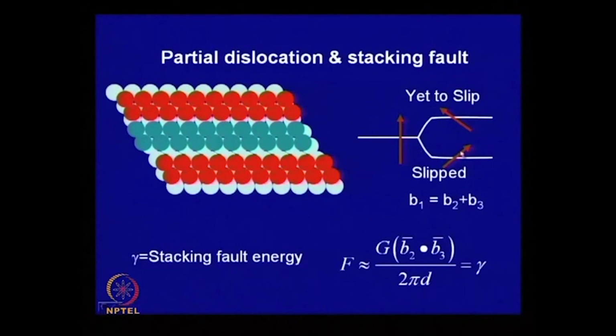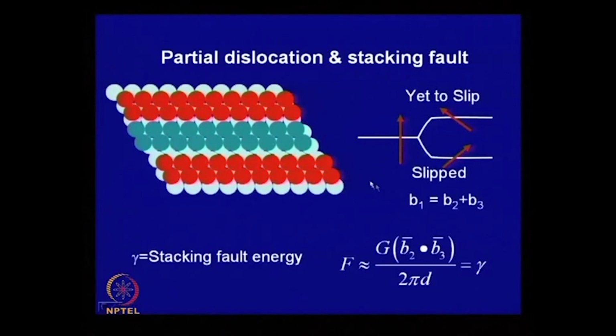So, it means this side has undergone partial slipping and this side is yet to slip, because a dislocation, we remember, is a boundary between slipped and unslipped region.